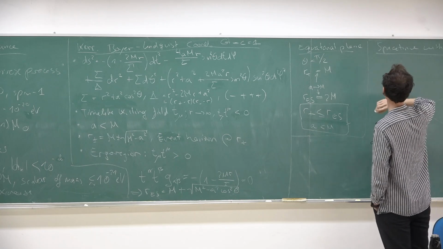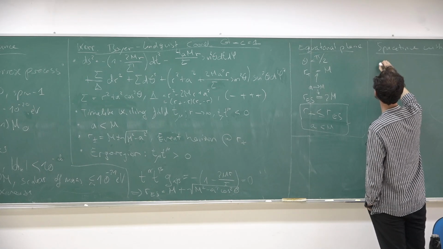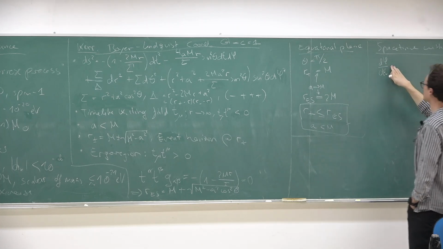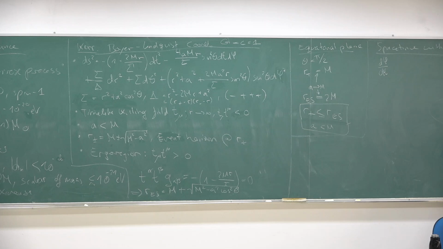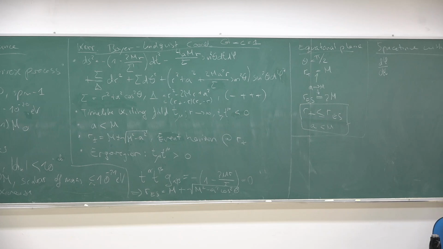Okay, so let's introduce a coordinate system. We have some spherical coordinates in such a way that if I look at the change of the phi direction, the azimuthal direction, I have my trusty Earth here.